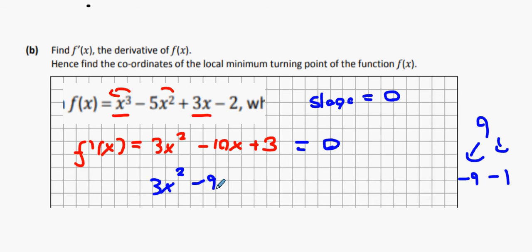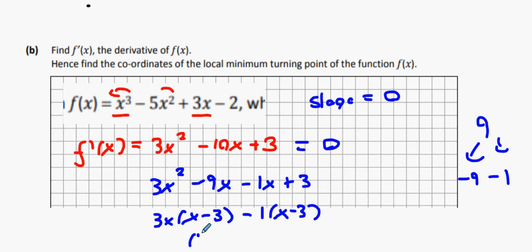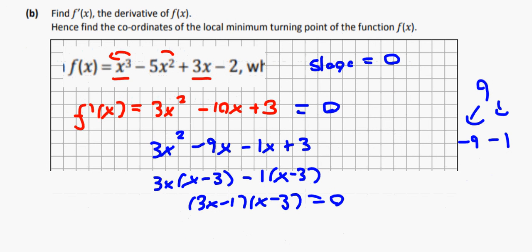My advice is the minus b formula, and we get 3x minus 1, x minus 3 equals 0. x equals 3 and x equals plus 1/3, because it's going to be 3x equals 1 and then x equals 1/3.